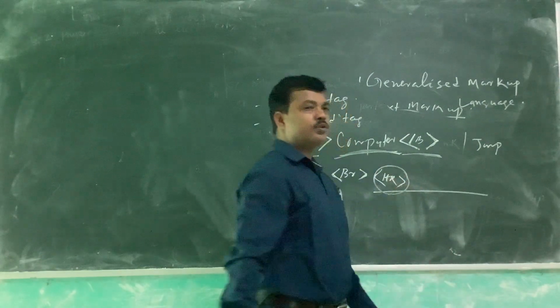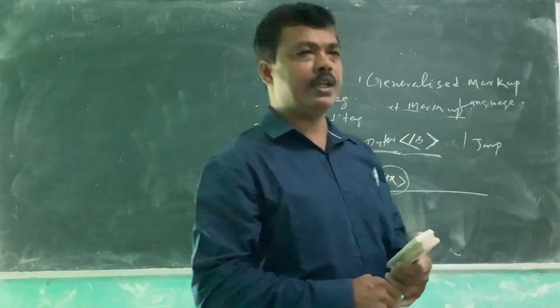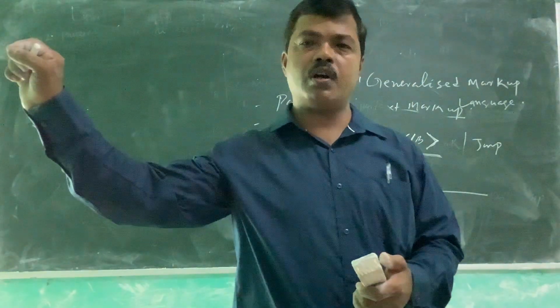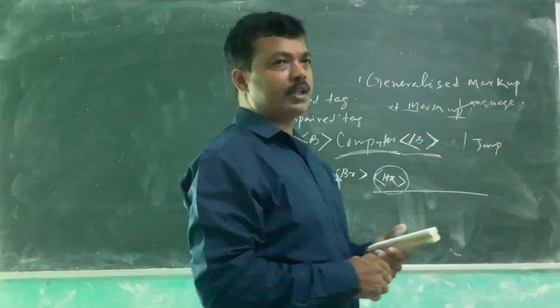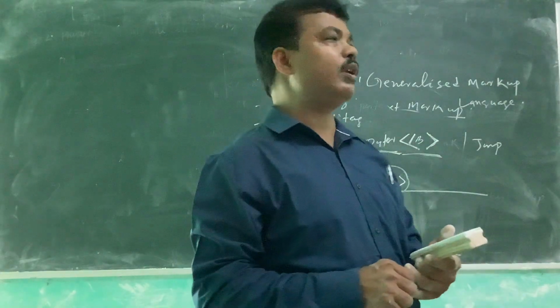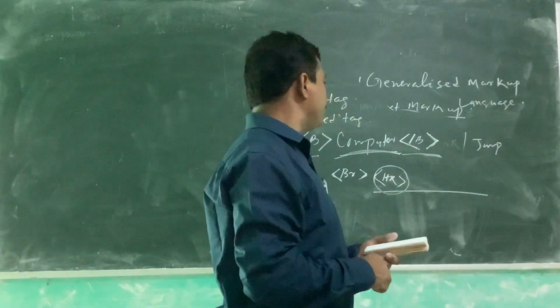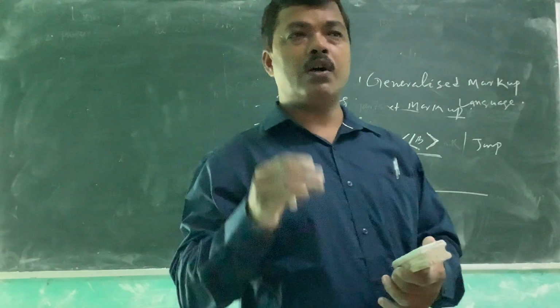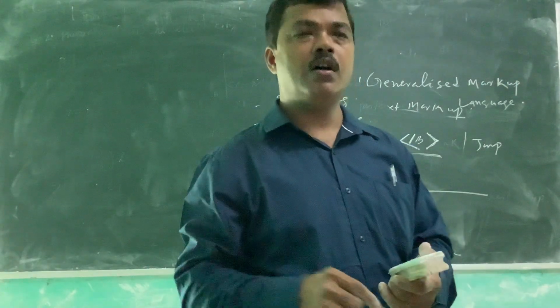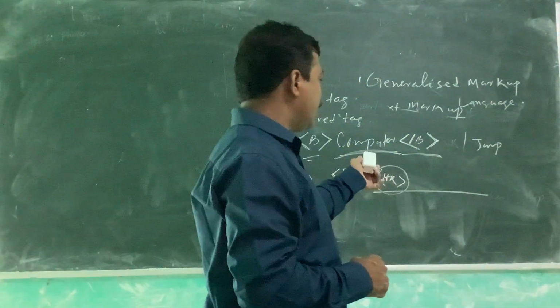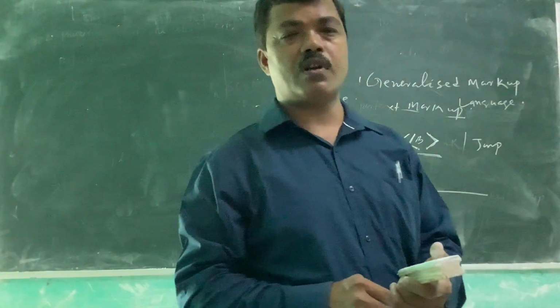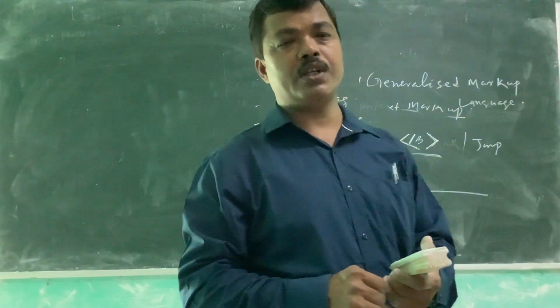Just like we draw a line, similarly in an HTML web page, if you want to draw a horizontal line or you need a section break, you have to use the HR tag.